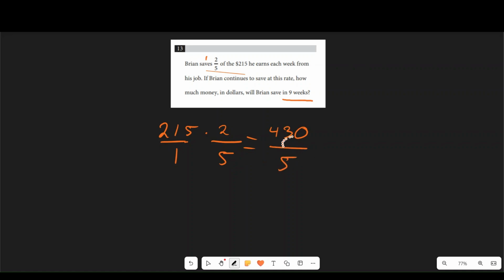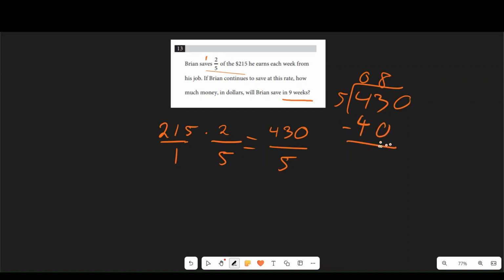Now notice this number ends in a 0, so that means it is divisible by 5. So let's figure out what 430 divided by 5 is. 5 doesn't get into 4, so that's going to be 0. Does 5 go into 43? Yes, it goes into 43 8 times, because 5 times 8 is 40.